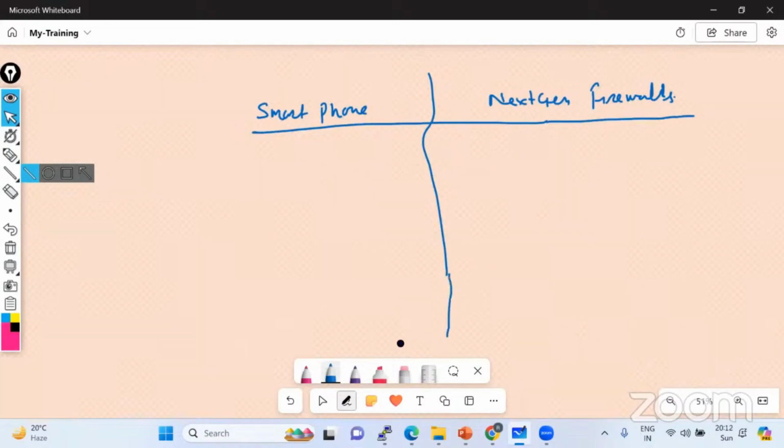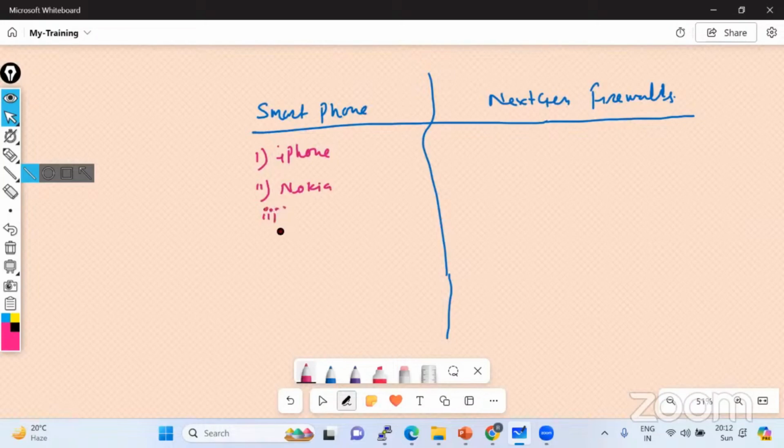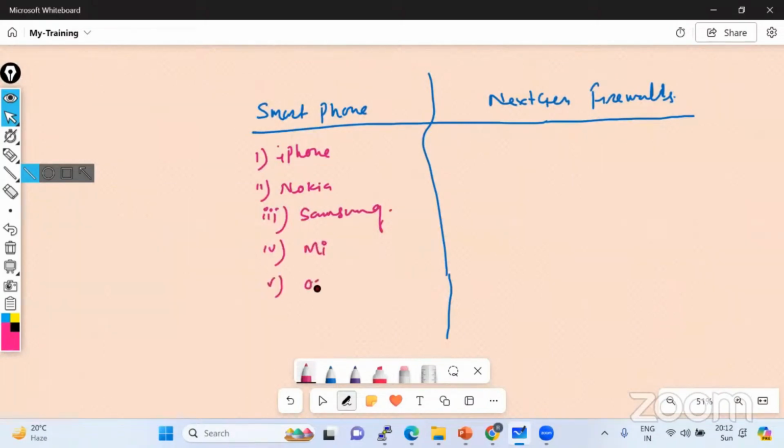So in smartphones, if I write, we have the iPhone. We can think about Nokia. We can think about Samsung, right? We can think about MI. We can think about Oppo and many more, right? Similarly, if I talk about firewalls, we can think about Palo Alto.